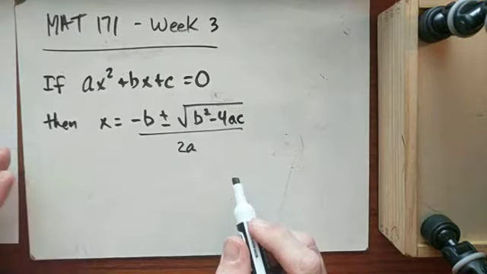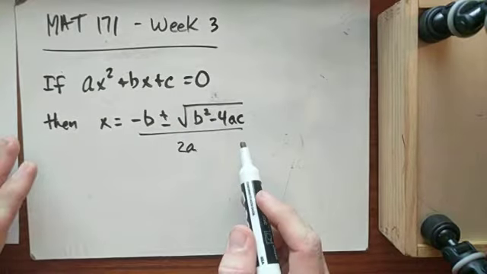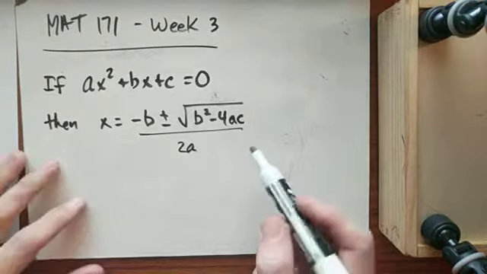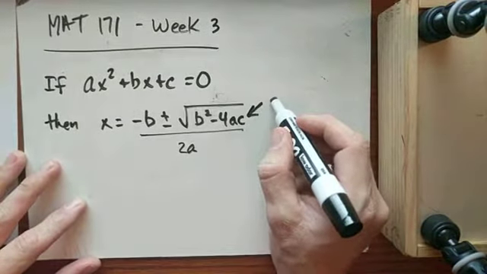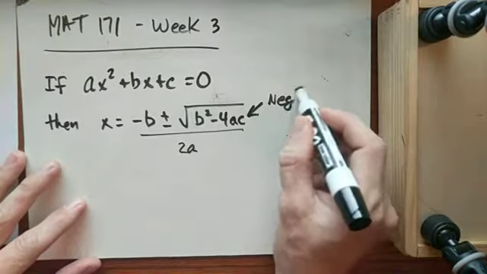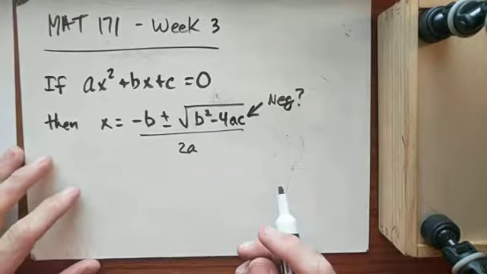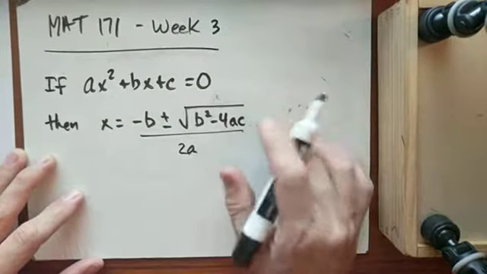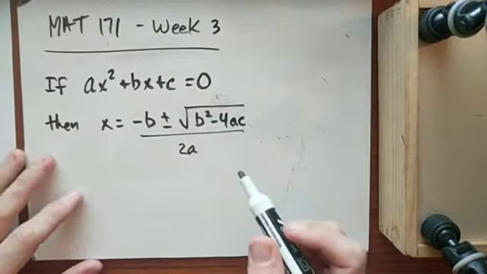Well, the problem with this formula is, one, it's kind of complicated. There's going to be a lot of work involved, and there's lots of spaces where you can mess up. But another big problem is, what if this thing under the square root is negative? Then that's where the imaginary numbers start coming into play. We need imaginary numbers because of this formula, so that we can find the solutions to these quadratic equations, okay?